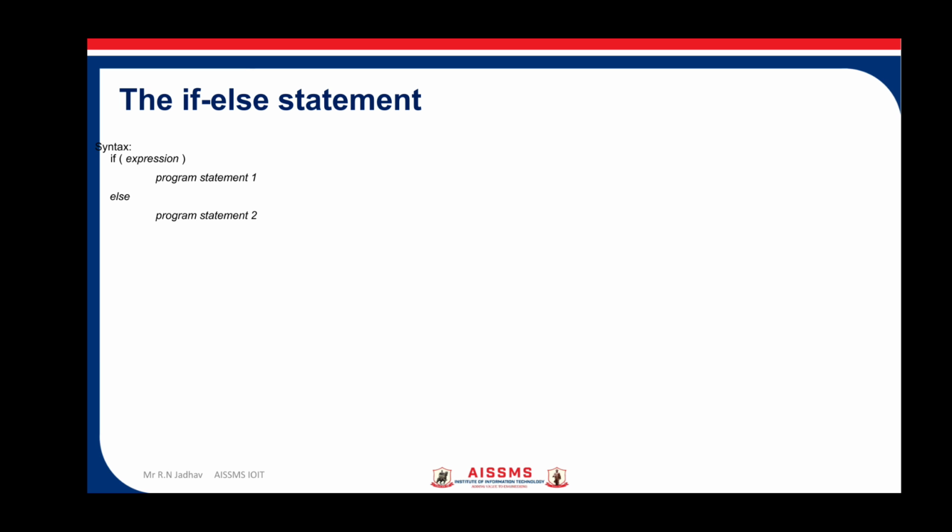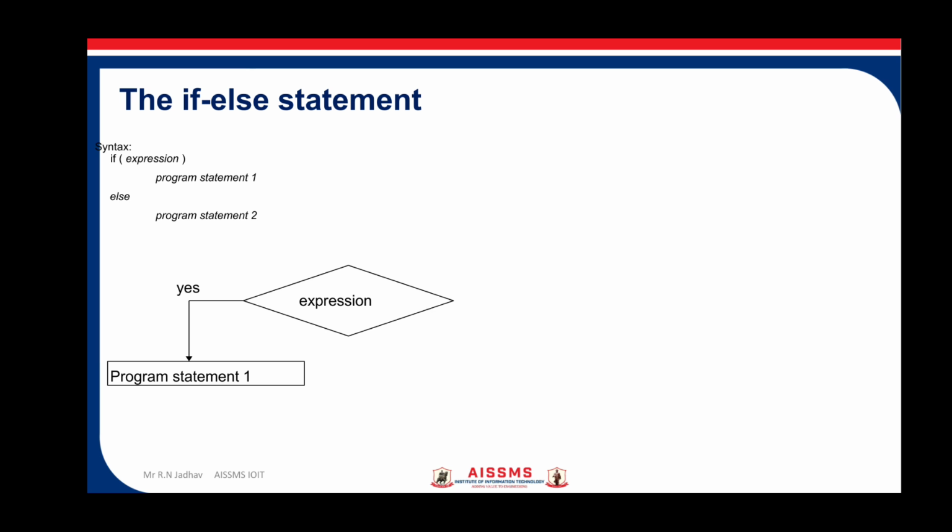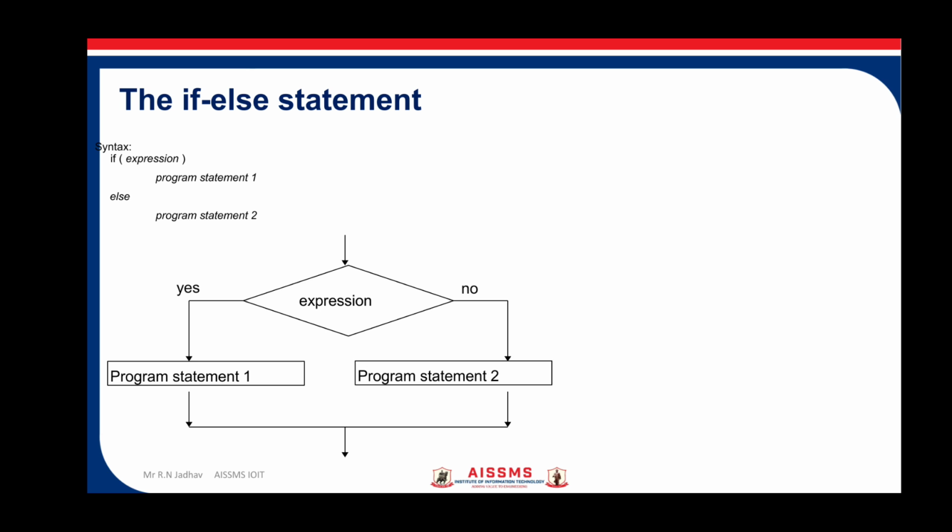If the expression is false, it will execute program statement 2. In the flowchart we can show it like this. First the expression will be checked. If it is true, it will execute program statement 1. If the expression is false, then it will execute program statement 2. And after this execution, the program will continue its flow.